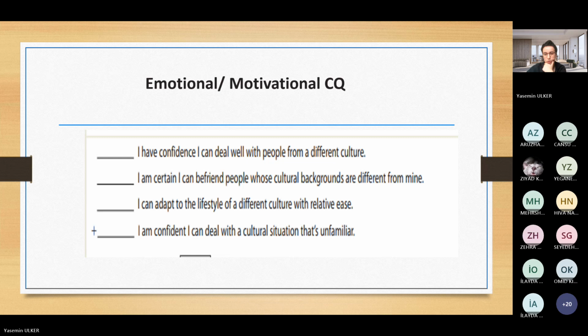Mm-hmm. Good. I'm reading. So, 1, 2. Good.